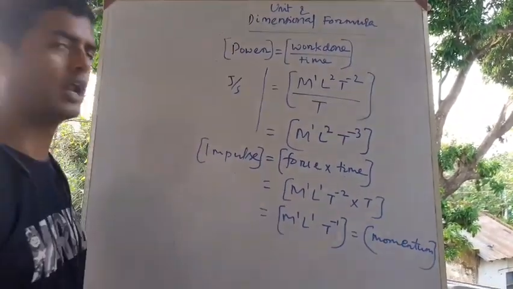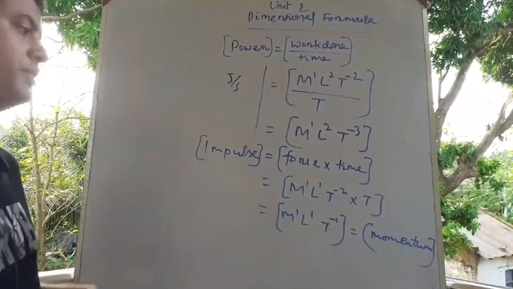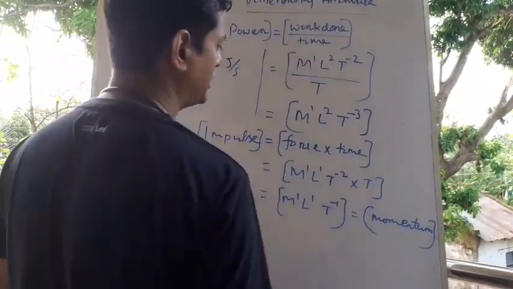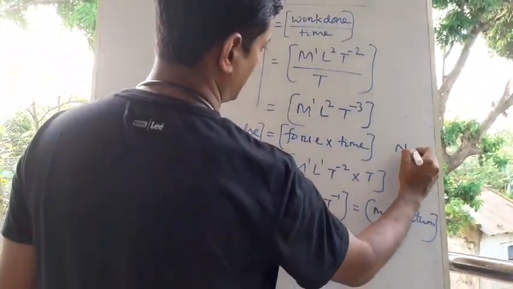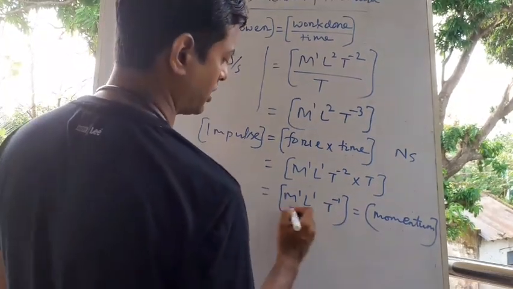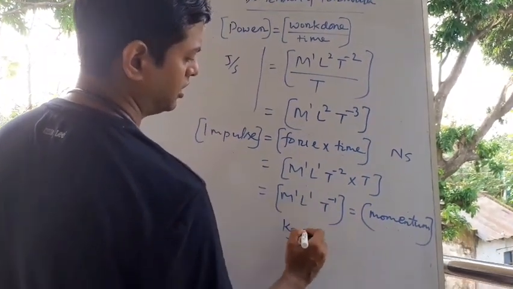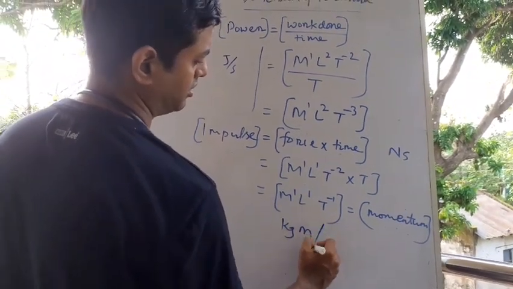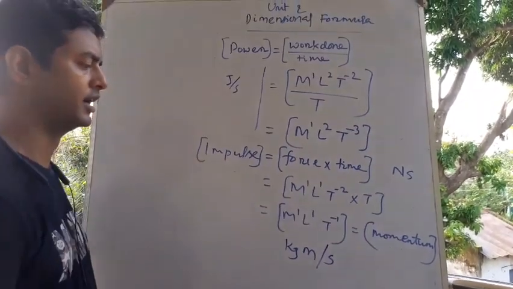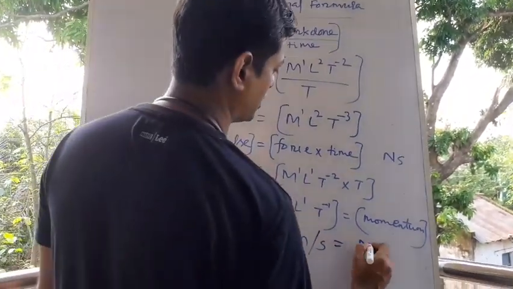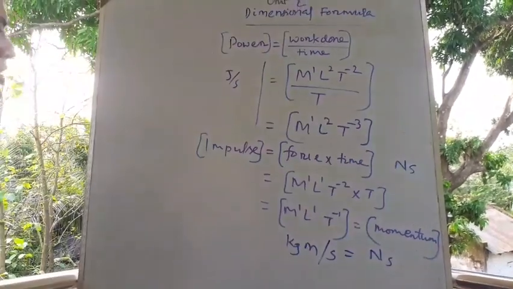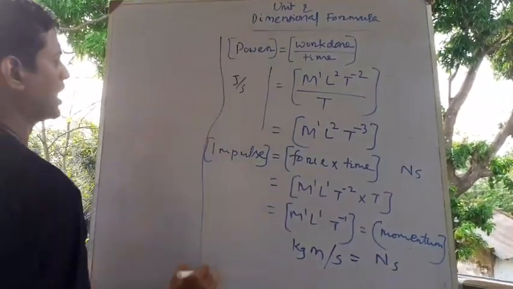So the momentum dimensional formula and impulse dimensional formula are the same, and the unit is the same. You can write the unit as force into time, Newton into second, or from here, for mass you can take kg, for length you can take meter, for time inverse you can take second. Kg into meter per second is nothing but Newton into second.